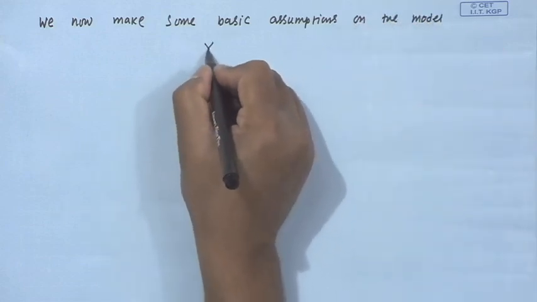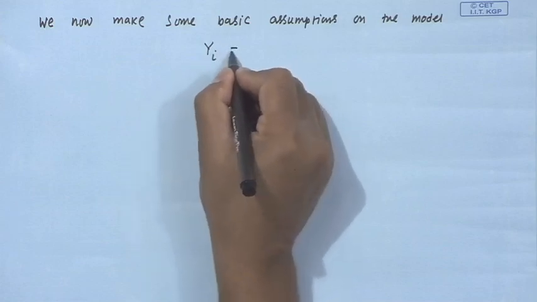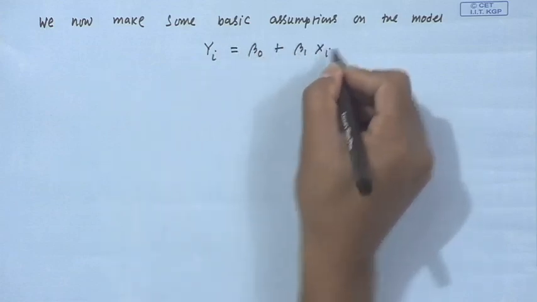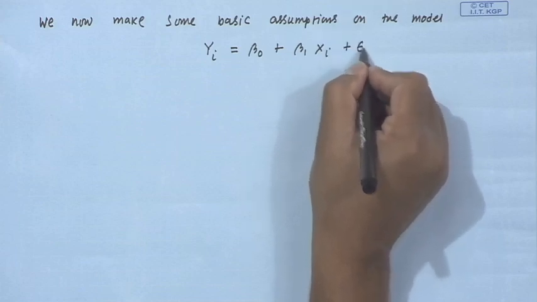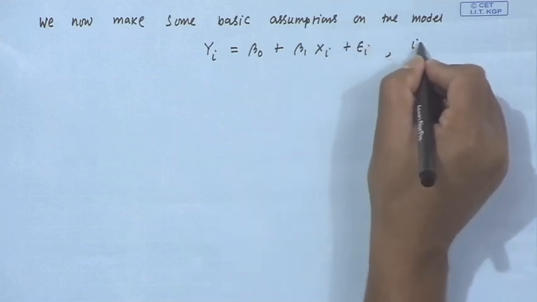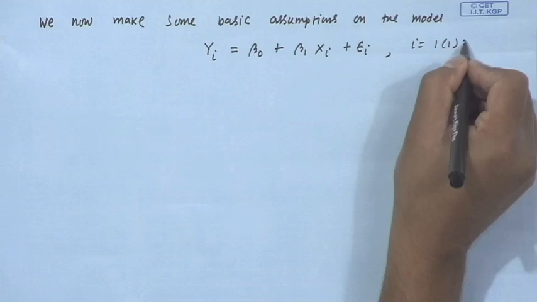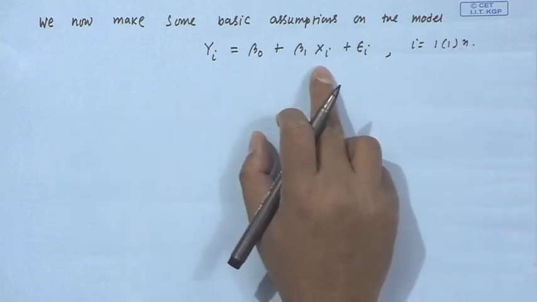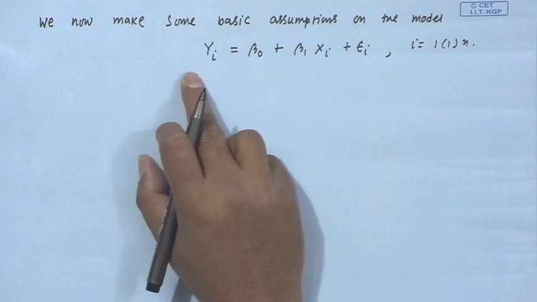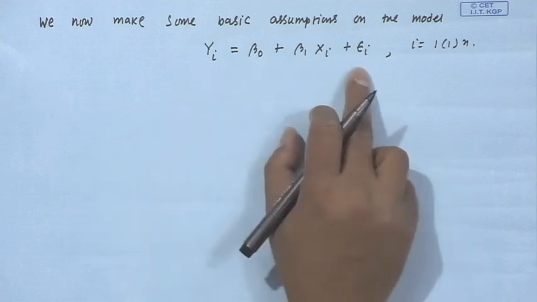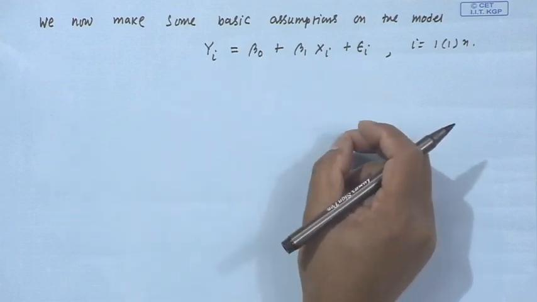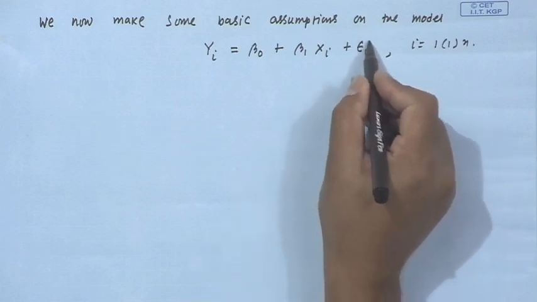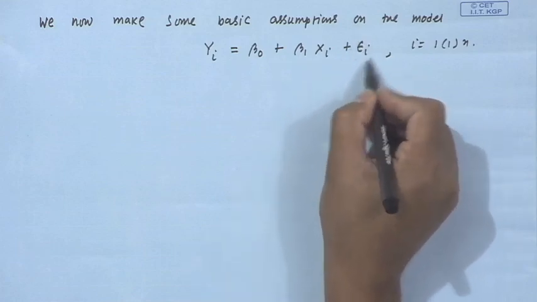The model is y i equal to beta naught plus beta 1 x i plus epsilon i for i equal to 1 to n. So, before I wrote y equal to beta naught plus beta 1 x plus epsilon. Now, I am writing the same model for the ith observation. Okay. And here I said that this is the random error component.